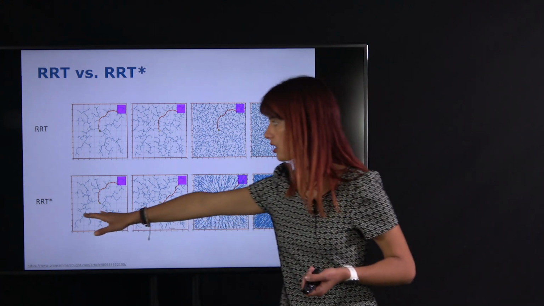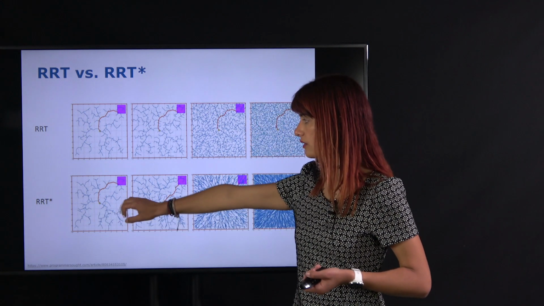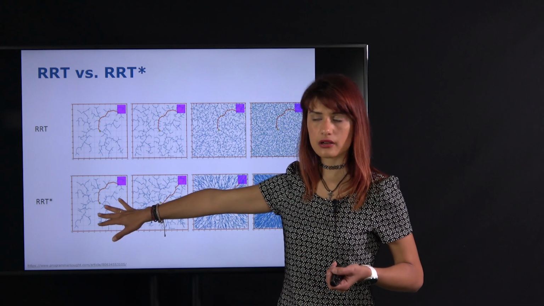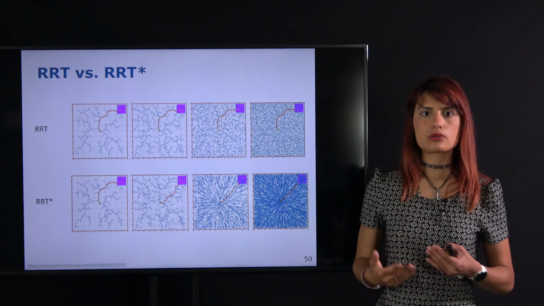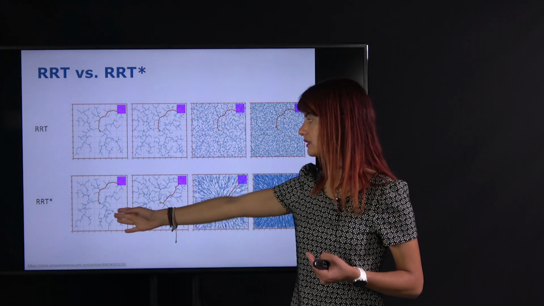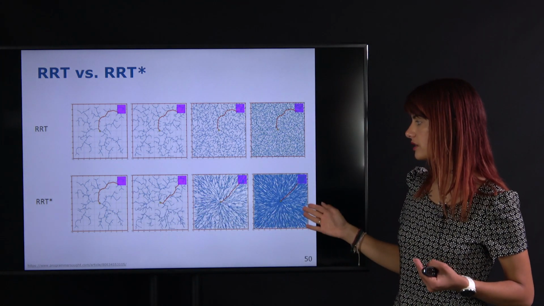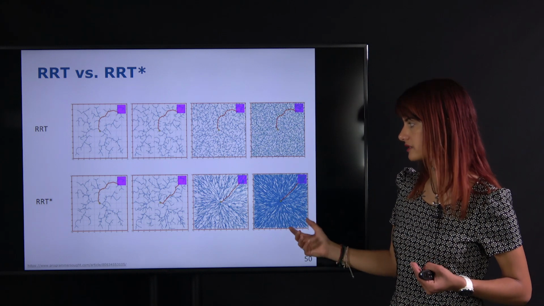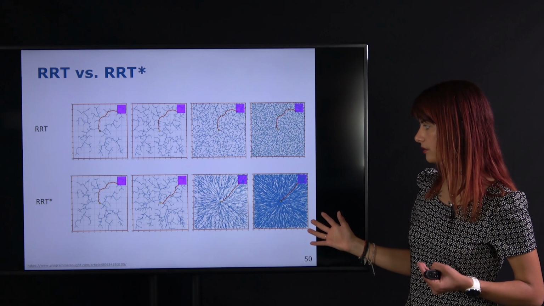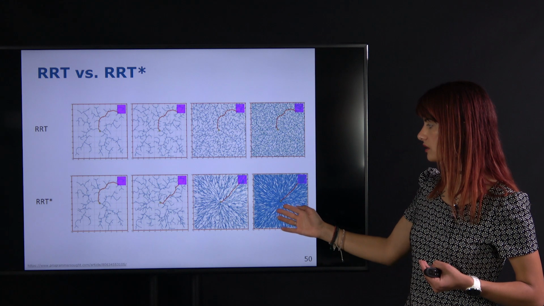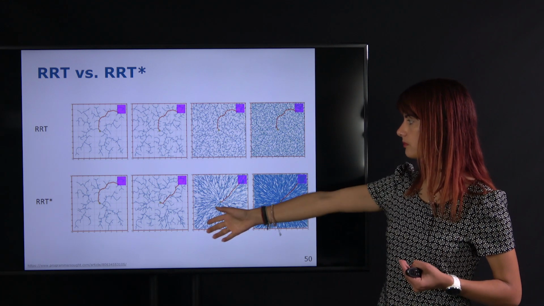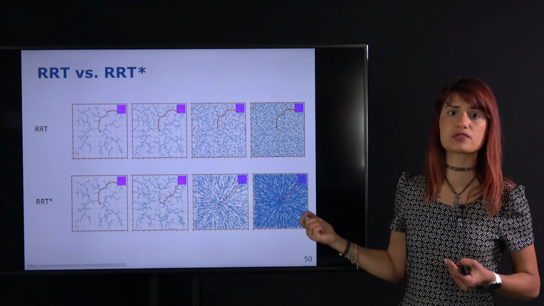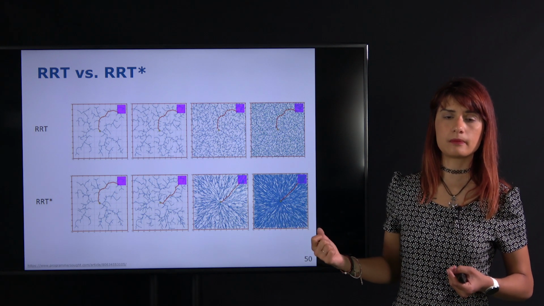The RRT star, on the other hand, finds the same path very quickly, but then thanks to that rewiring procedure, it can update it, because the tree is not fixed. So the more we sample, the more we benefit from making the space denser, also in terms of the path that we obtain.